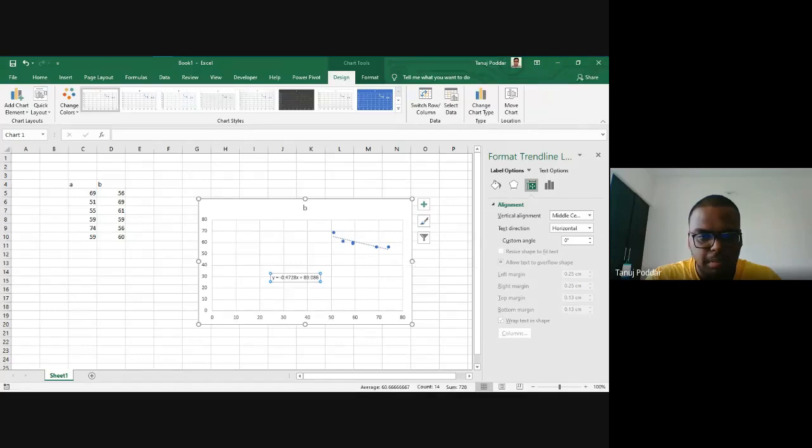If I stretch it back towards the value of x being 0, because this line is headed upward on the left side, it will meet somewhere above 80, that is a value of 89. So it says that even if the value of x is 0, the value of y is going to be 89.086. This is the kind of relationship that exists when an intercept is there.